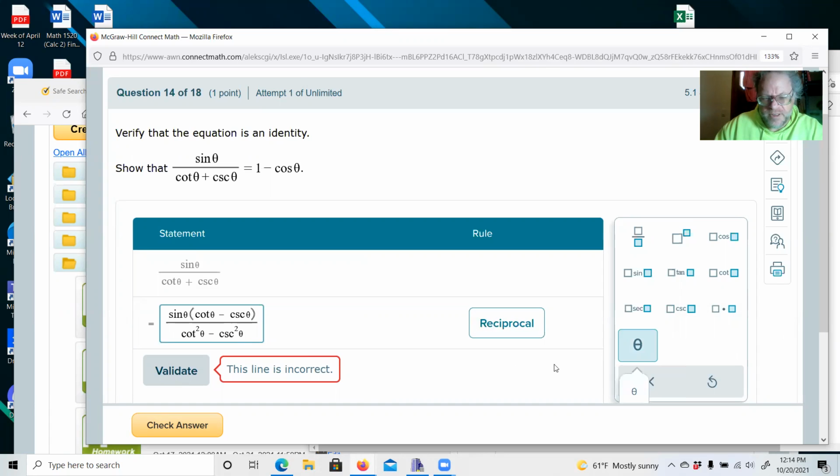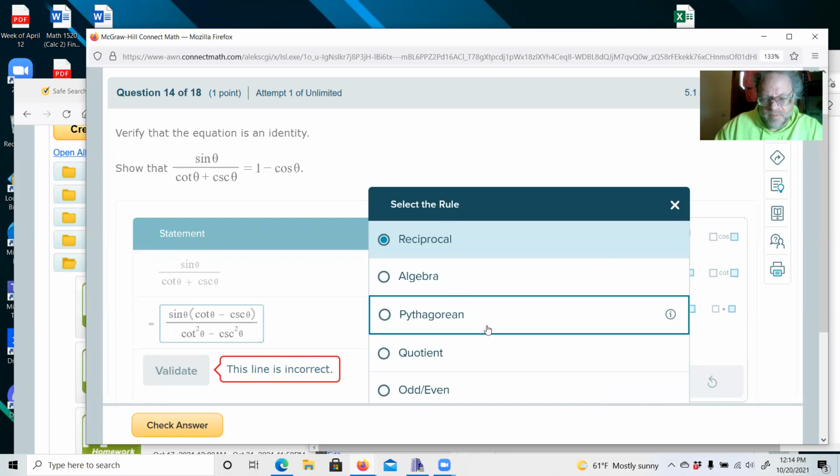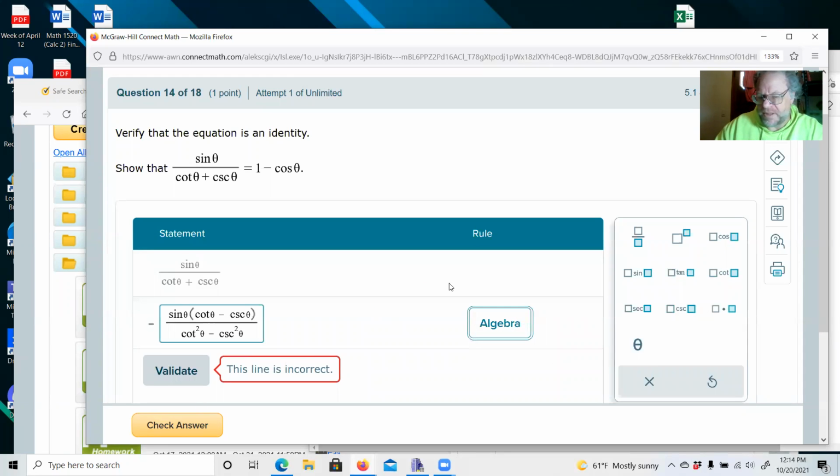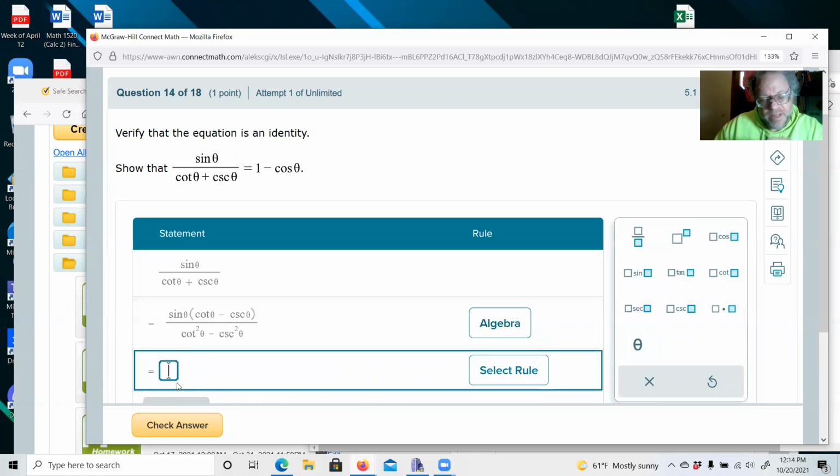Okay, we're hoping for the best here. Let's make it so that we did an algebra step because we multiplied by the conjugate, and let's see if we like that. They did like that.